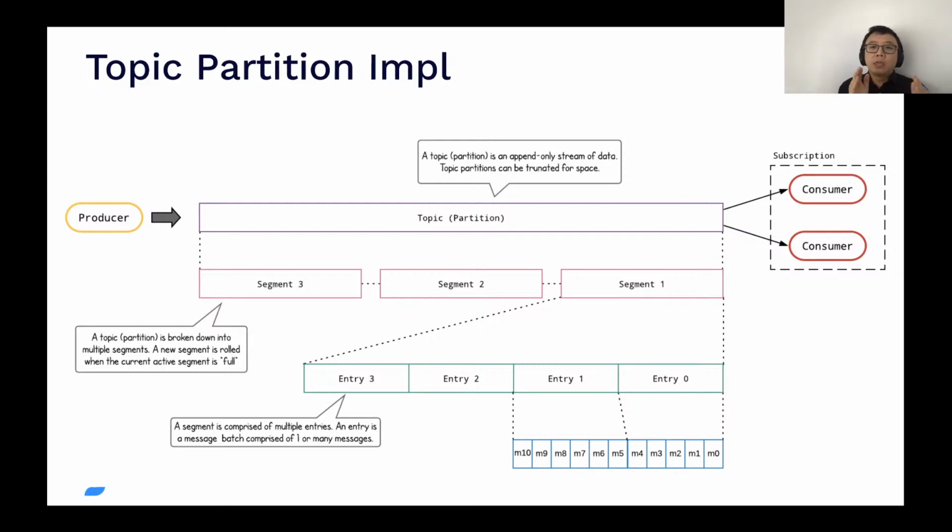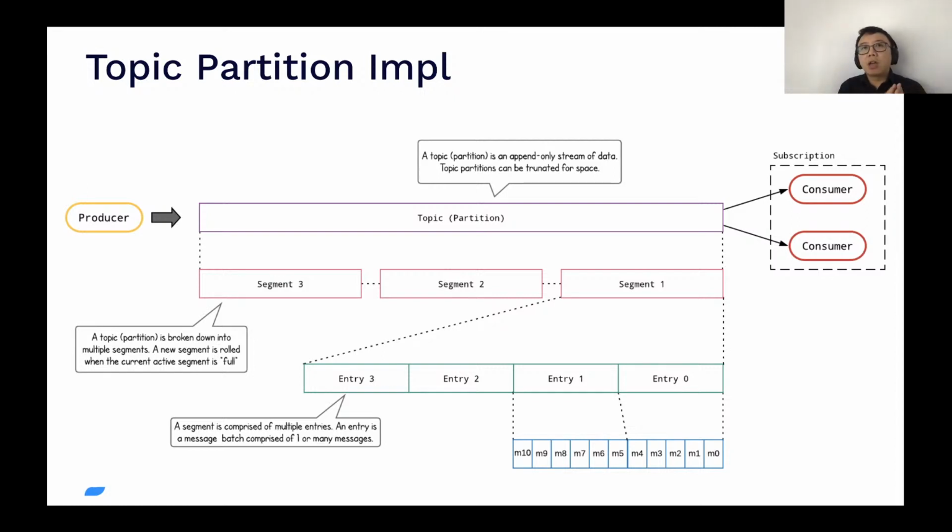Because the storage itself is broken down into multiple logical concepts, in order to identify a message within a topic partition, Pulsar uses a message ID. The message ID comprises multiple components: the segment ID, the entry ID within a segment, and the message batch index within an entry.